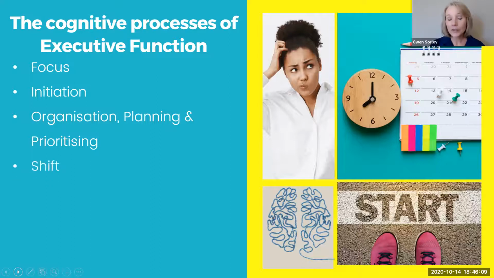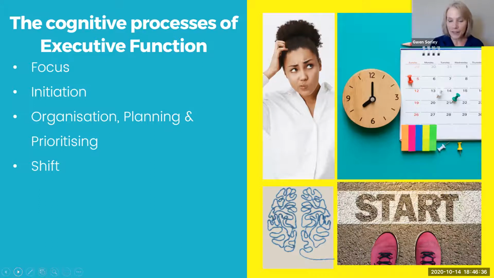Now we can also look at shift. Shift is another area of executive function. This is your ability, you may have also heard it as mental flexibility, right? Your ability to move from one situation to another, to transition, to change what you're thinking or what you're doing as the situation around you changes, as the task changes.